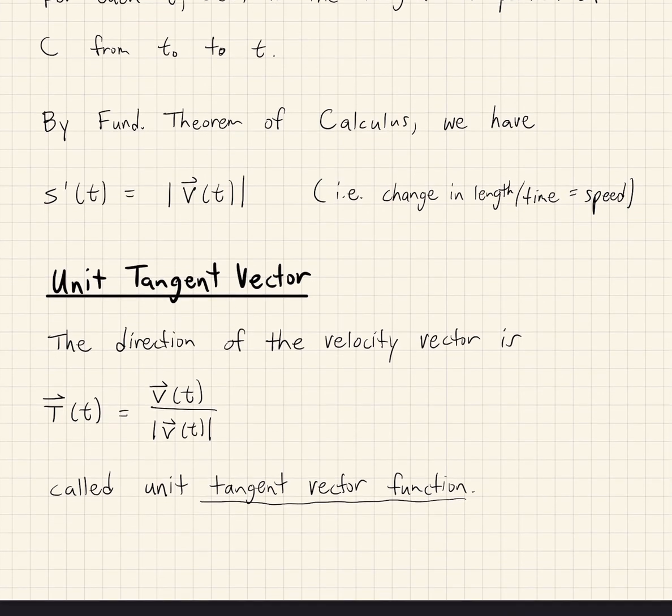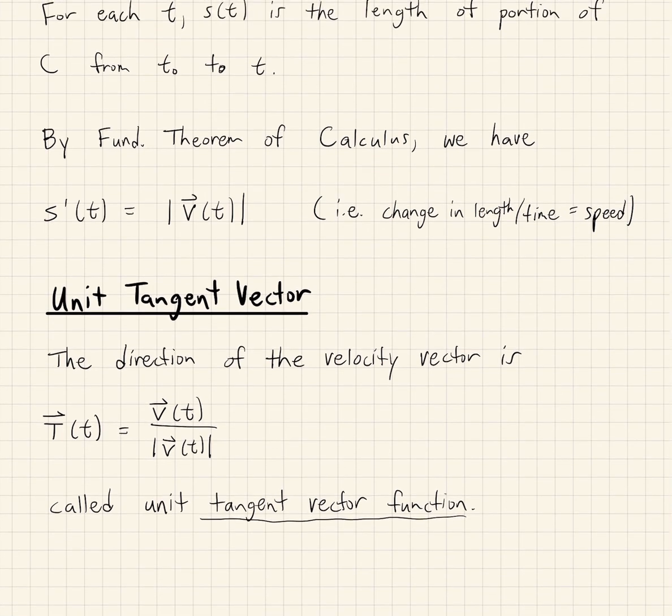So this actually makes sense when you sit there and think about it. All right, the last thing for this video is just quickly, I had made this comment last week. When you have a velocity vector, it's got direction, it's got magnitude. The direction portion of the velocity vector is what you get when you take the velocity vector and divide out the magnitude part of it, so the speed. And now we give that a special name and we call that the unit tangent vector function, and it's denoted by this capital T with a vector arrow over it.